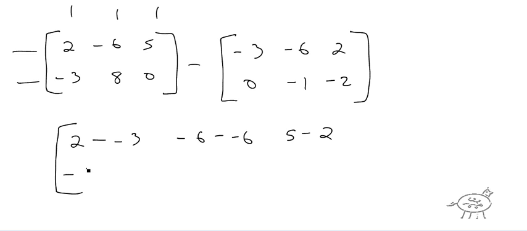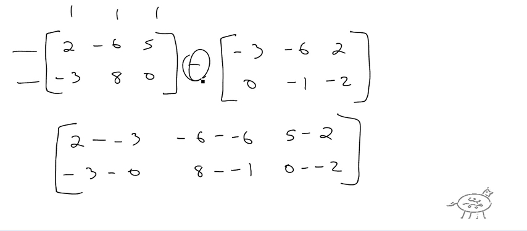The next one is negative 3 minus 0. The next one is 8 minus a negative 1. The next one is 0 minus a negative 2. The only reason that helps is because it's really easy to get caught up and forget the sign here. Okay, and just say, oh, 8 minus 1, but it's not 8 minus 1, it's 8 minus a negative 1.